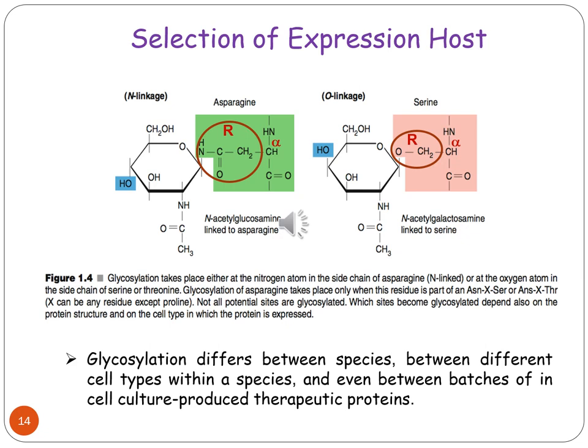And not only that, they say here that even between batches of cell culture produced therapeutic proteins, even if we have the batches from the same original, they may give us different glycosylation.